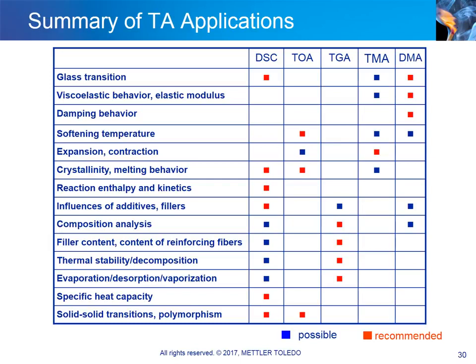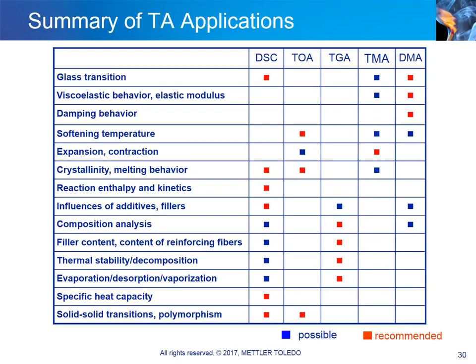TOA is useful to investigate polymorphic transition, overlapping effects such as melting with decomposition, and melting and crystallization behavior. TGA measures mass changes. The main applications of TGA are content determination, thermal stability, decomposition kinetics, and composition analysis.